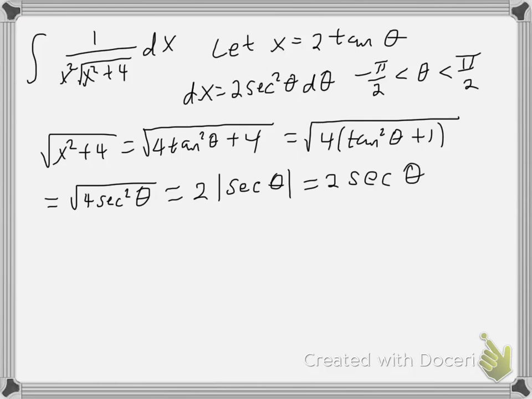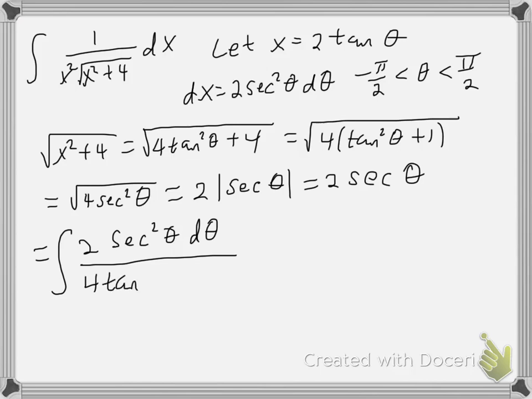So when we substitute everything back in, this is going to be the integral of 2 secant squared of theta d theta all over 4 tangent squared of theta times 2 secant of theta.